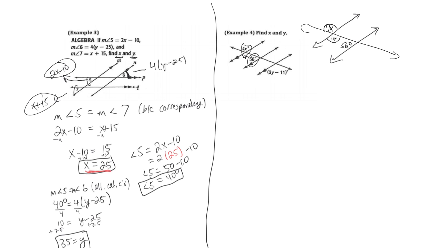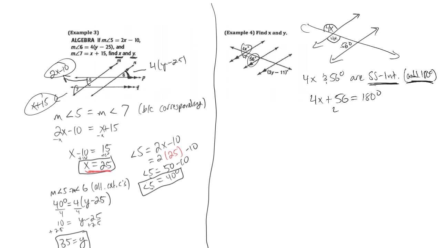Now, 4x and 56 degrees are same side interior, so they add to 180 because they're supplementary. So 4x plus 56 equals 180 degrees.